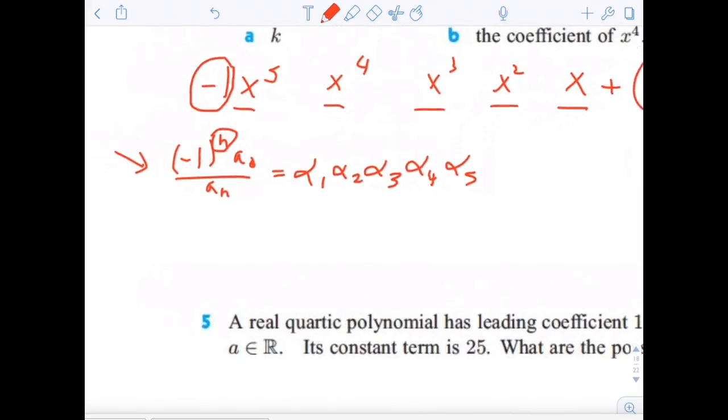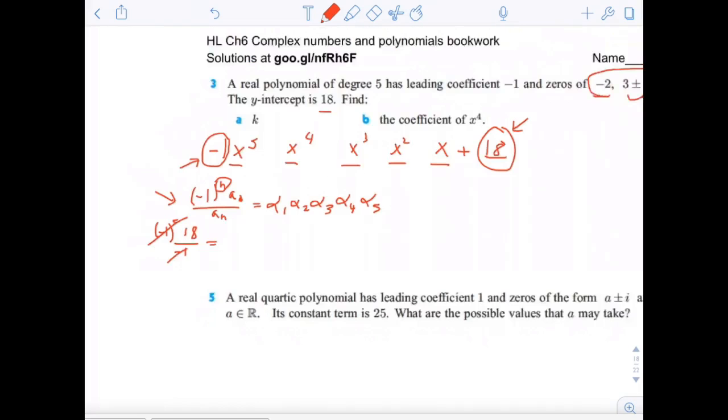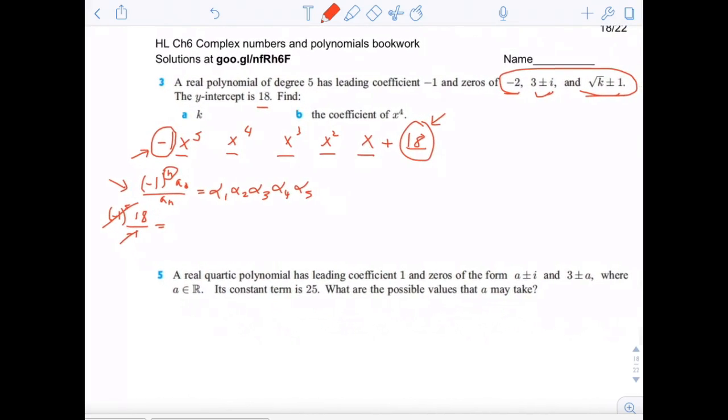So a0 is 18, an is -1, and -1 to the fifth is also -1. So these cancel out, and they're equal to all the roots multiplied together, and the roots are -2, 3 plus i, 3 minus i, and square root of k plus 1, and square root of k minus 1.